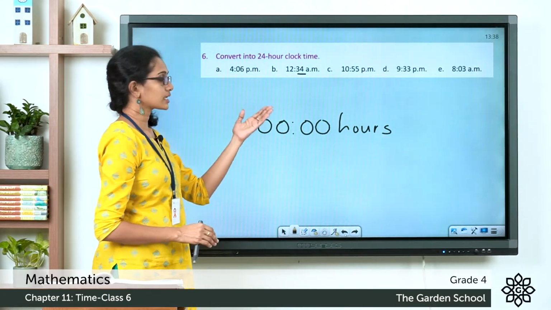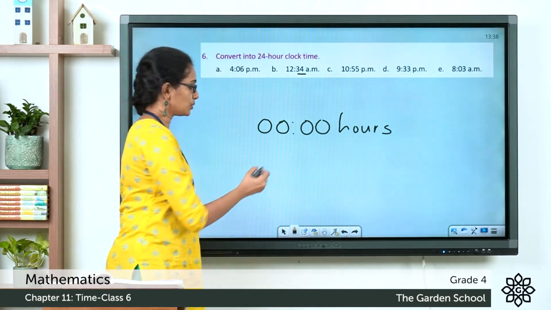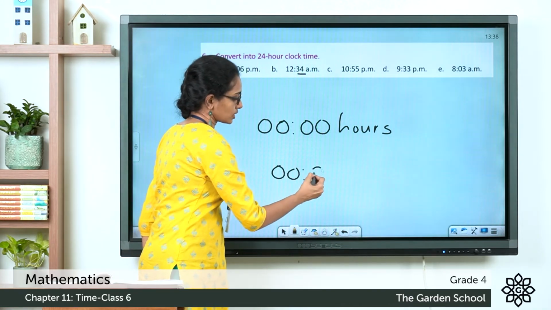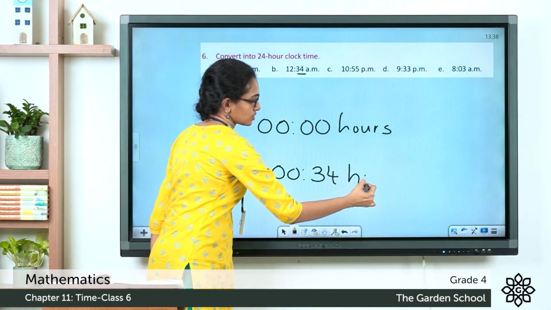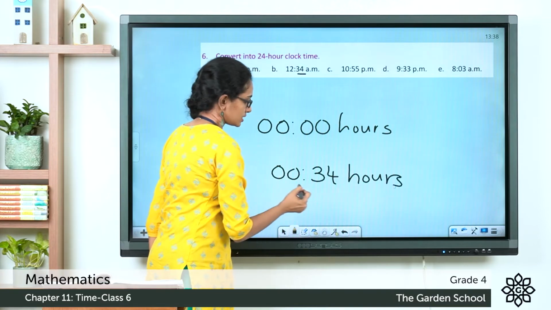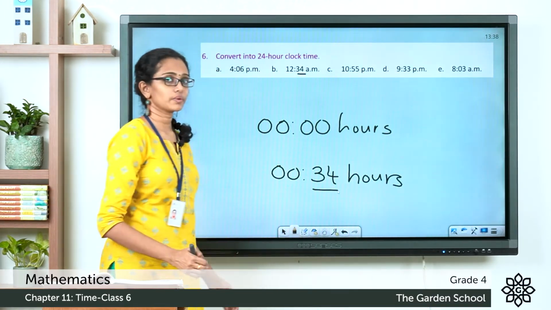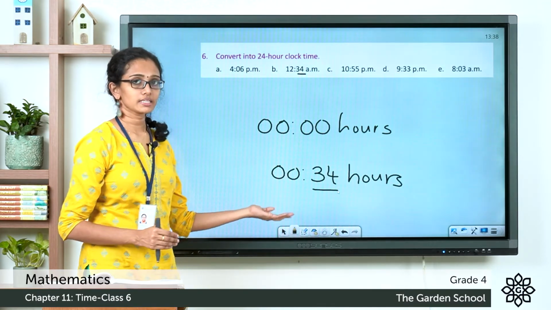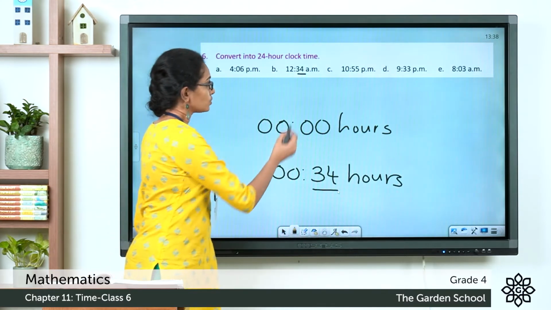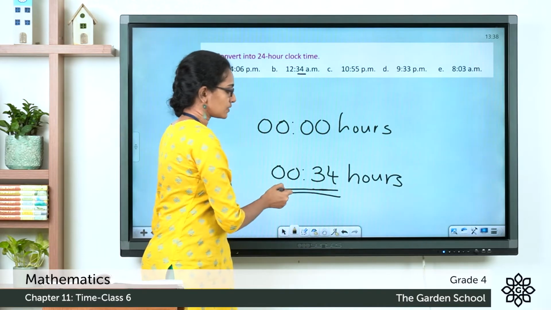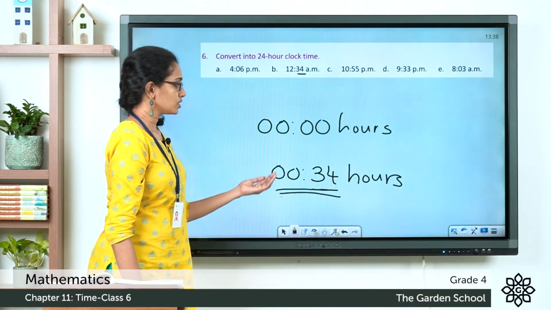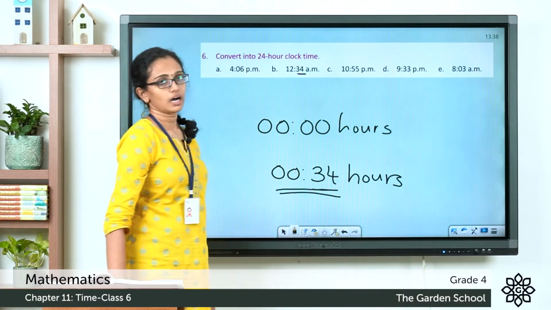Hence, 12:34 in the midnight will be equal to 00:34 hours. So here 00 represents it's 12 in the midnight and this 34 represents it is 34 minutes past this 12 in the midnight. So 12:34 a.m. in the 24-hour format will be equal to 00:34 hours.